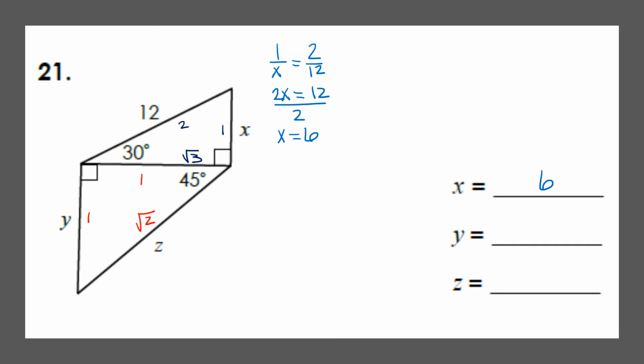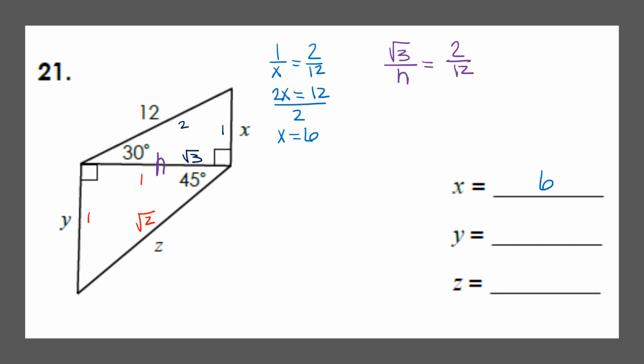Now I need to find that piece that combines them both. Let's call it h this time. So if I want to find h and I'm dealing with the 30, 60, 90, I would do square root of 3 over h equals 2 over 12.